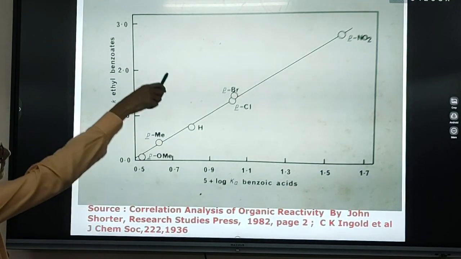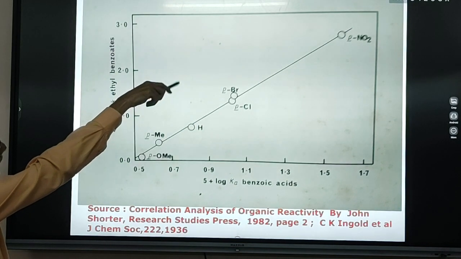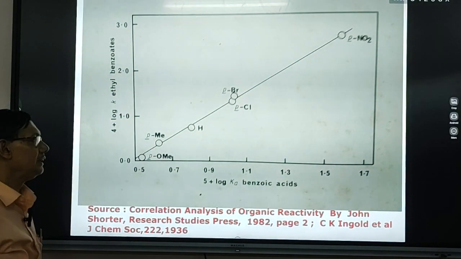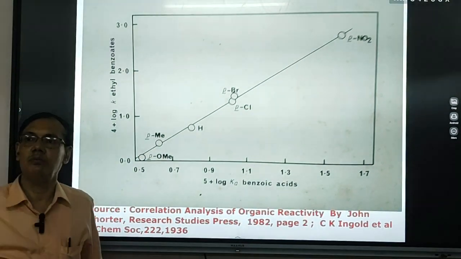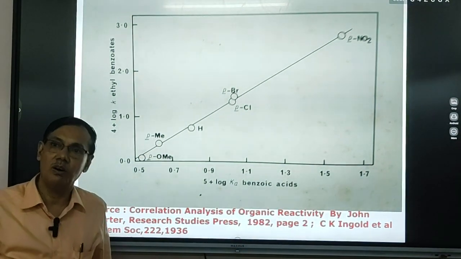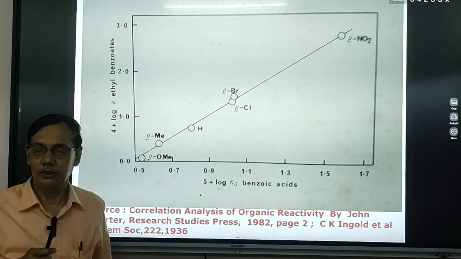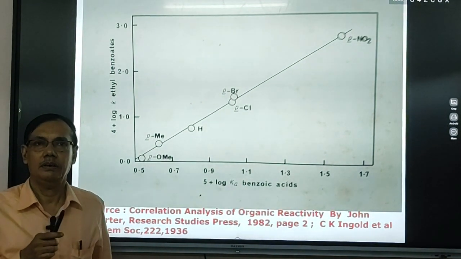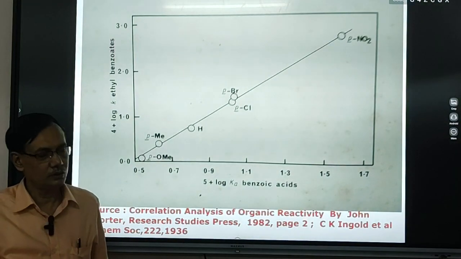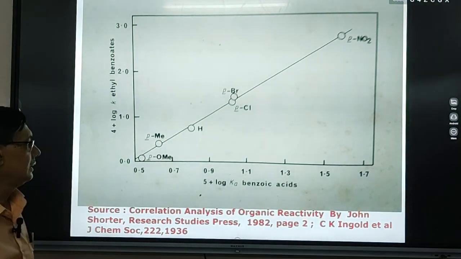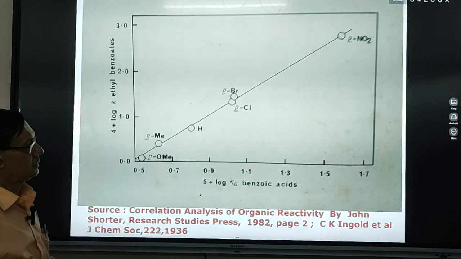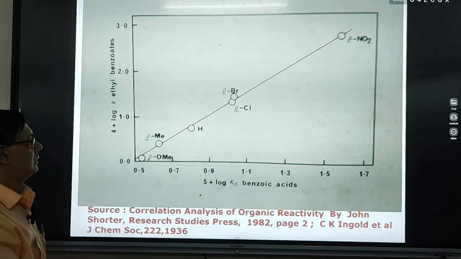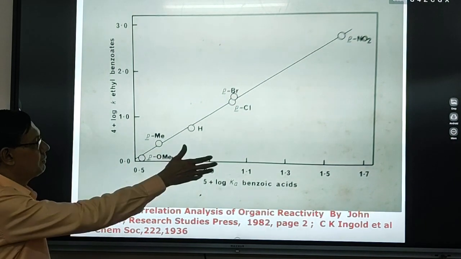You have seen that at the extreme end is para-nitro, and after this lecture I will give one or two numerical problems, because again it is important from the examination point of view, how to determine the reaction constant for the Hammett equation. I will come to that point. I will not discuss it in this video lecture, but I will give some homework so that you don't worry about graph paper or other things.